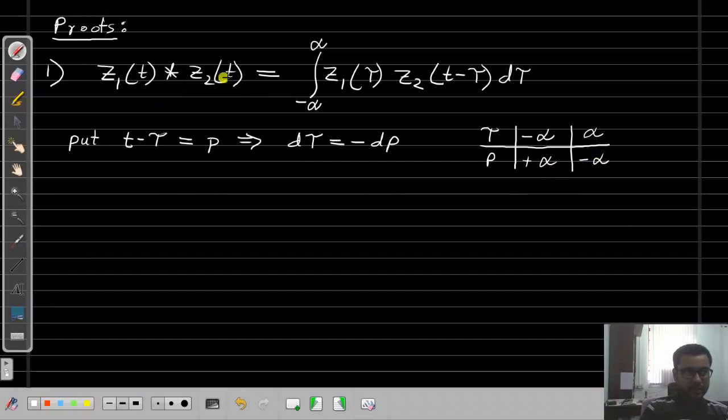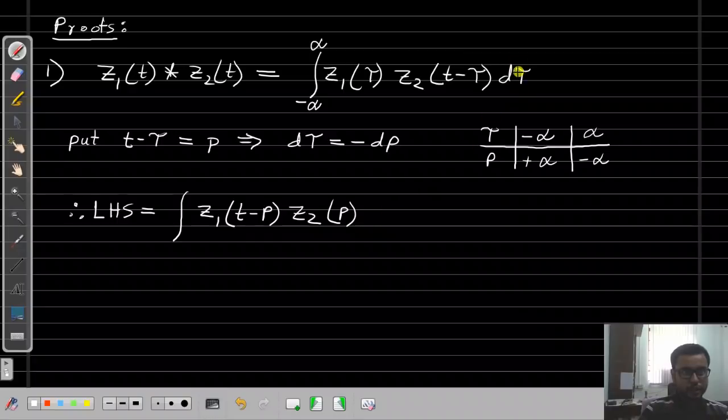Therefore, the left hand side I can write as the integration of z1, now in place of tau I shall write t minus p, z2 of p, in place of d tau minus dp, and the limit of integration will become plus infinity to minus infinity.